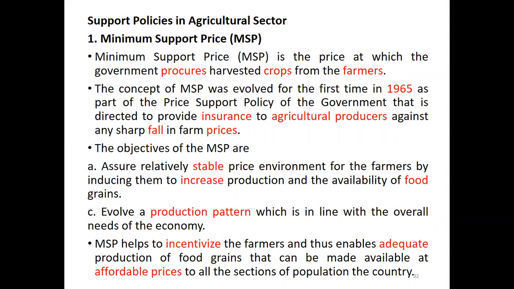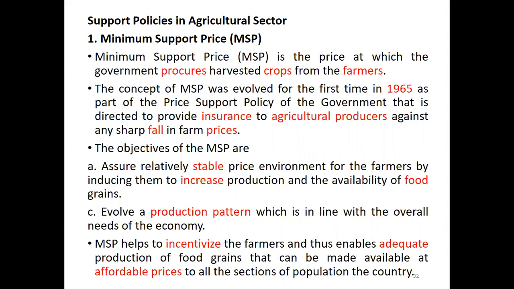If I have an idea about the cost, and the government has decided that the minimum support price of this pomegranate is 50 rupees, my cost is 30 and the minimum support price is 50, which means there is a profit of 20 rupees. If I know that 20 rupees is the profit in processing this pomegranate, then I will go to produce the pomegranate.